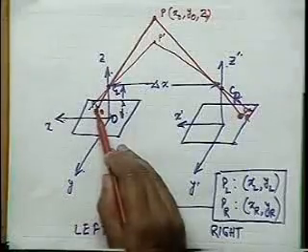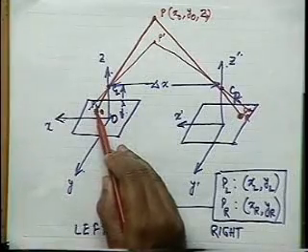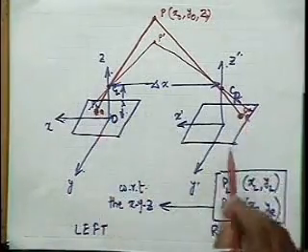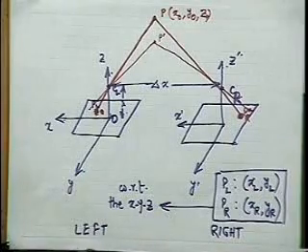Excellent. Somebody has given the correct answer that it is going to be a straight line. Basically we have a ray joining PL and CL, and this particular ray will be mapped in the right camera as a straight line. So obviously if we are searching for the corresponding point of PL on the right camera over the entire n square region, we are making some wasteful efforts, isn't it?